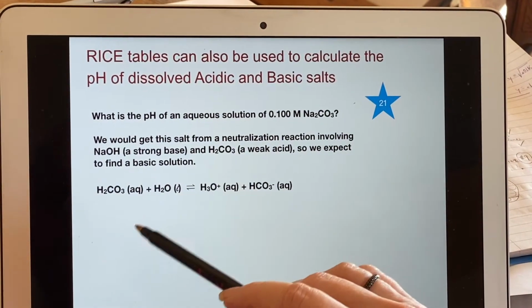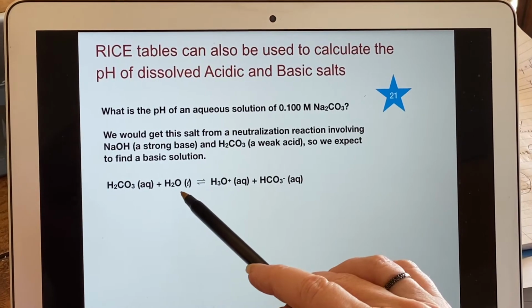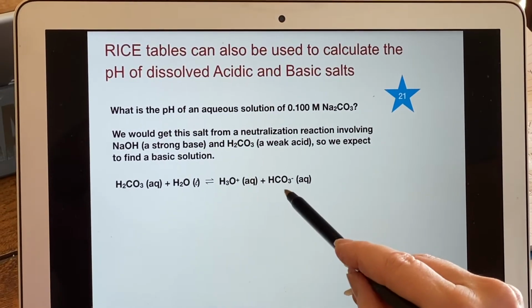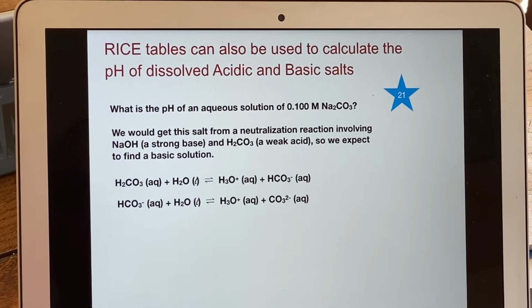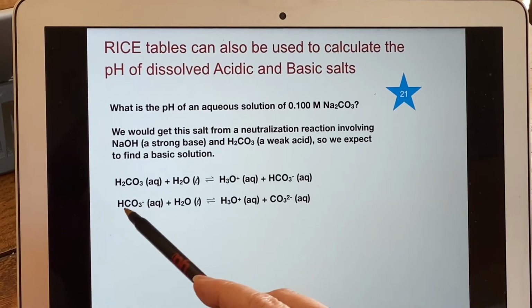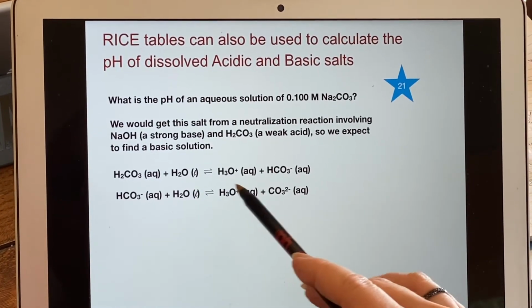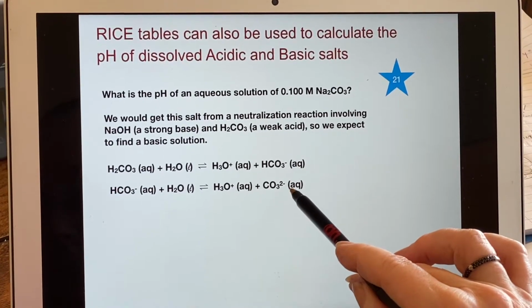What does carbonic acid do if it's dissolved in water? Well, it forms hydronium ions and then hydrogen carbonate. That's fine. The hydrogen carbonate will then go on and do a second ionization, forming more hydronium and carbonate ions.